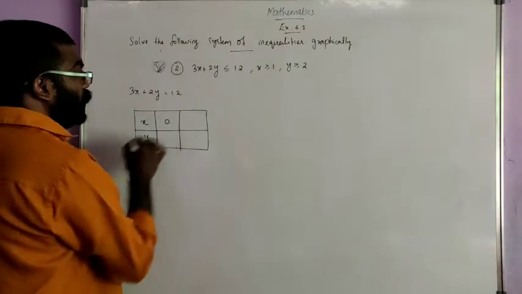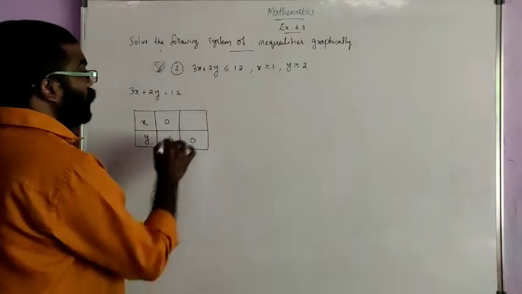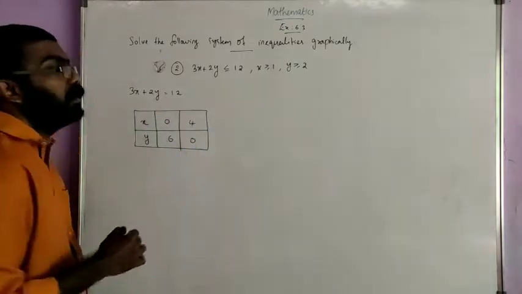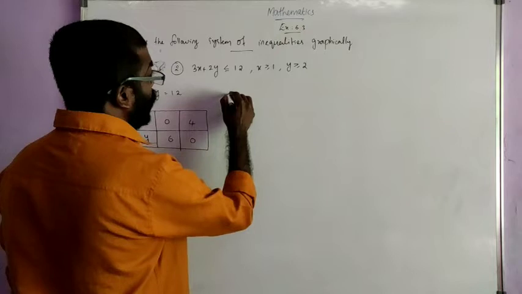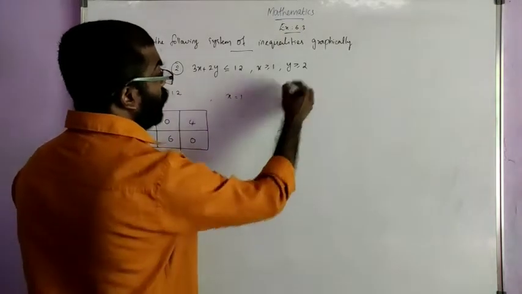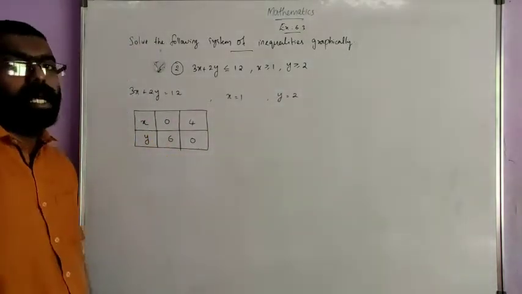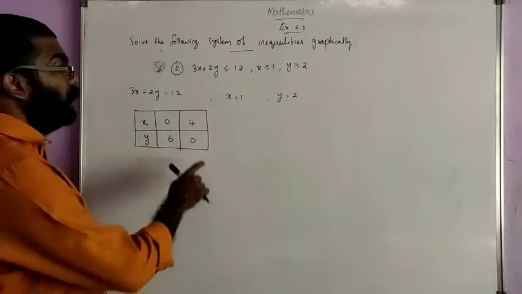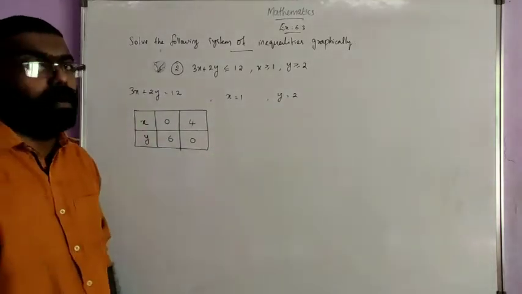When x is equal to 0, y is equal to 6. And when y is equal to 0, x is equal to 4. And x greater than or equal to 1, that can be taken as x equal to 1. y greater than or equal to 2, that is y is equal to 2. So we have to draw the straight lines represented by these three equations first.